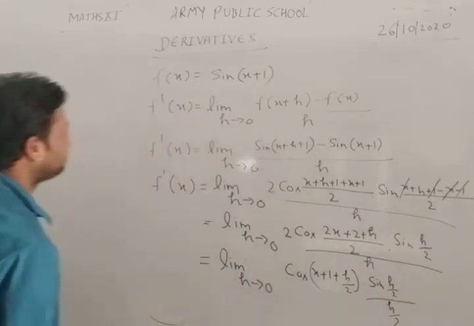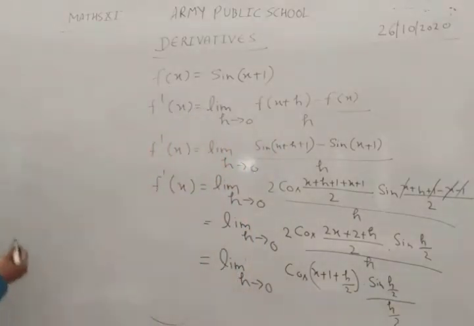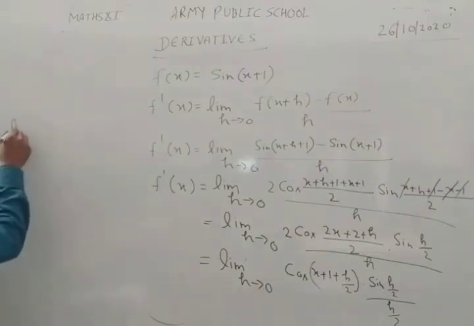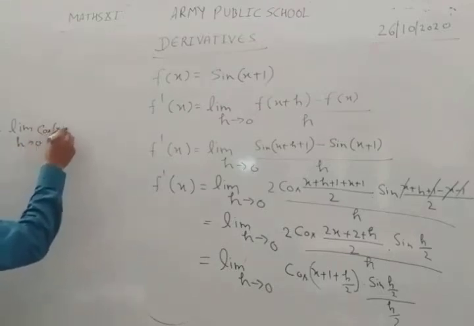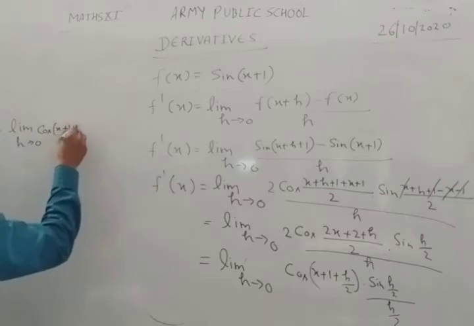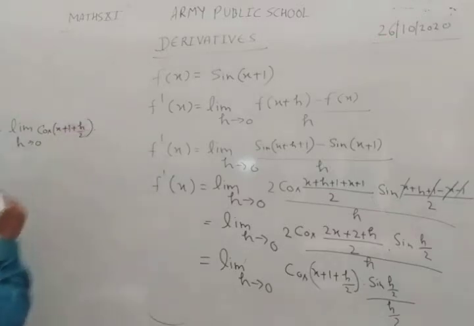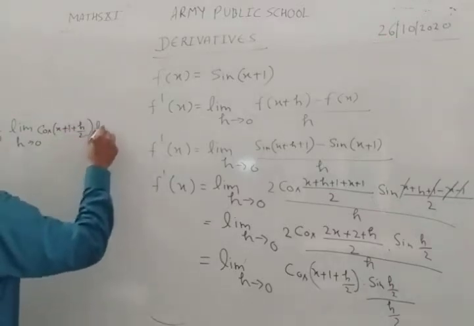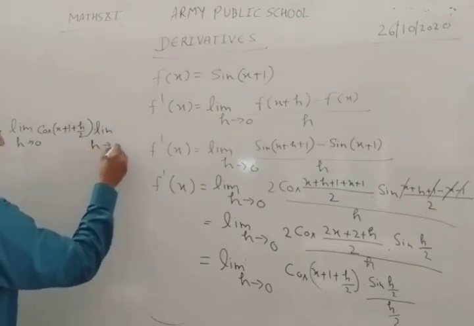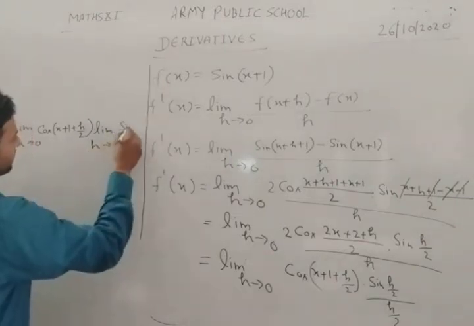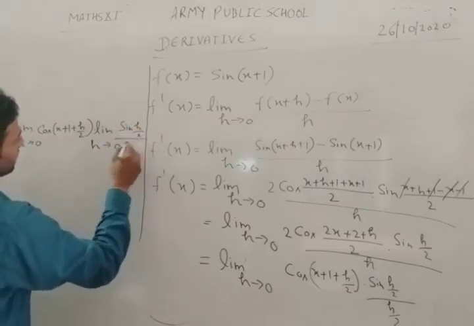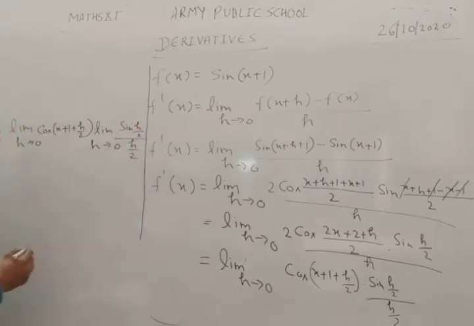Now we will take the limit with both functions separately. We apply the limit here and here. This term will be 1. So we write limit h tends to 0 cos(x + 1 + h/2) into limit h tends to 0 sin(h/2) divided by h/2.